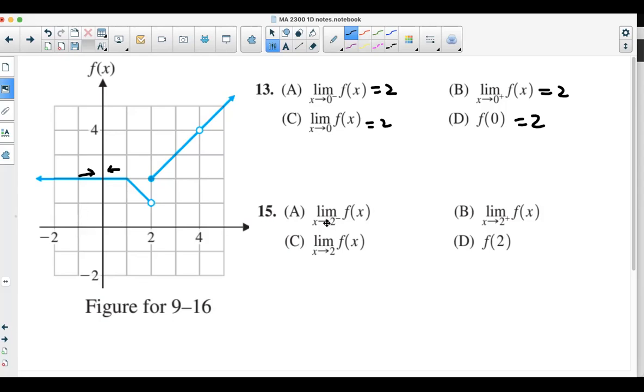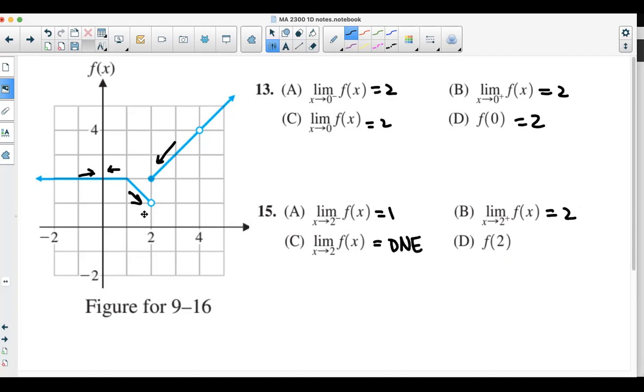Number 15. We are looking at the limit of f of x as x approaches 2 from the left. If you approach from the left, which number are you approaching? You're approaching 1 here. But if you approach 2 from the right side, you're going for 2. See, 1 and 2 are not the same. So the limit as x approaches 2 is DNE, does not exist.